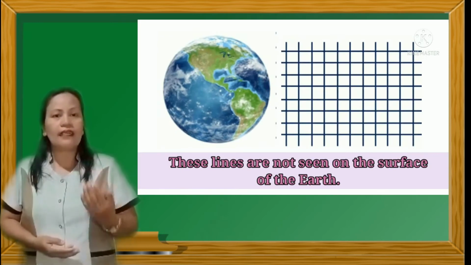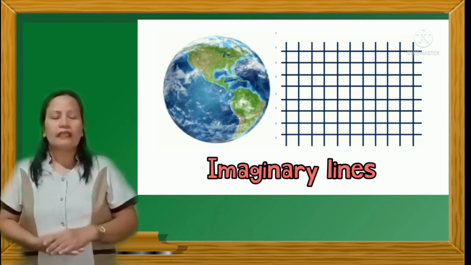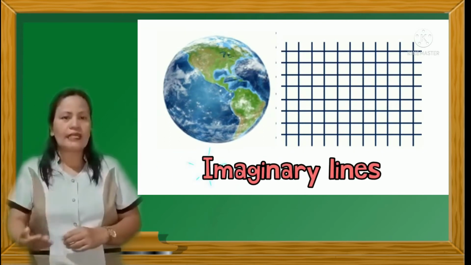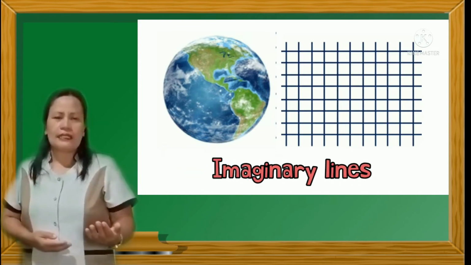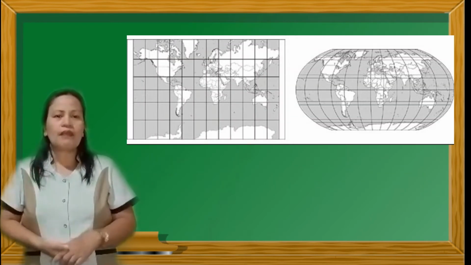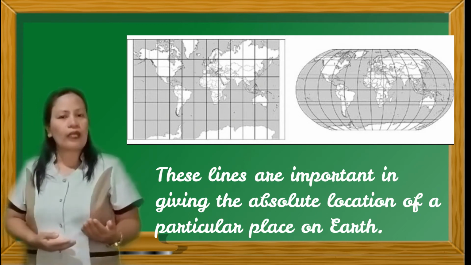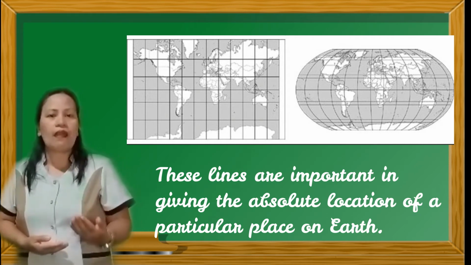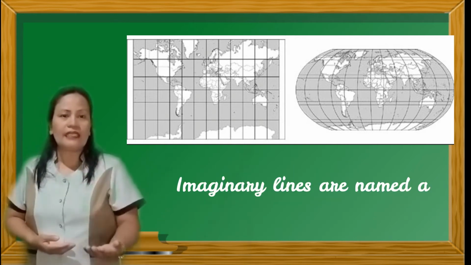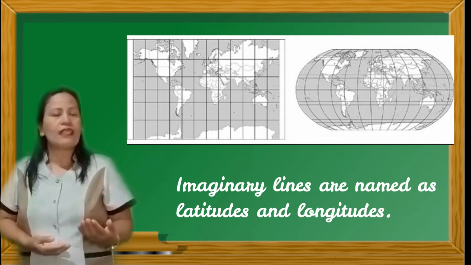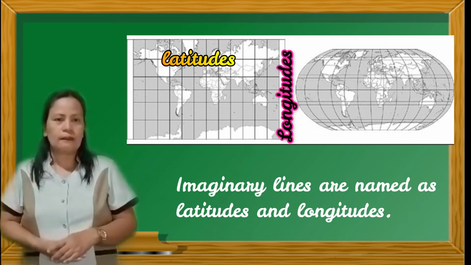These lines are not seen on the surface of the Earth. Hence, they are called imaginary lines. What are imaginary lines? Fabulous! These lines are important in giving the absolute location of a particular place on Earth. Imaginary lines are named as latitudes and longitudes.